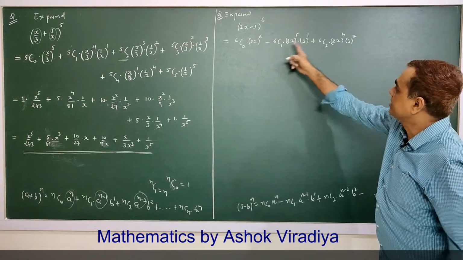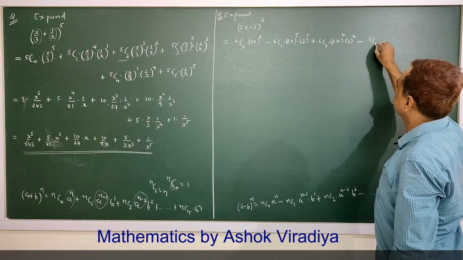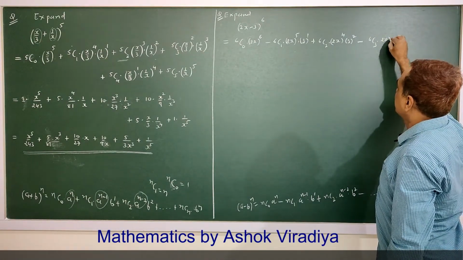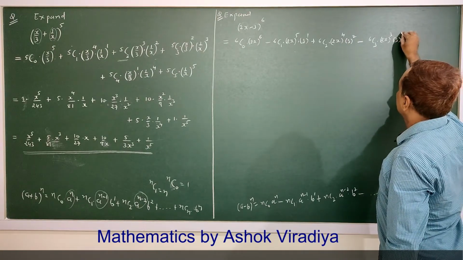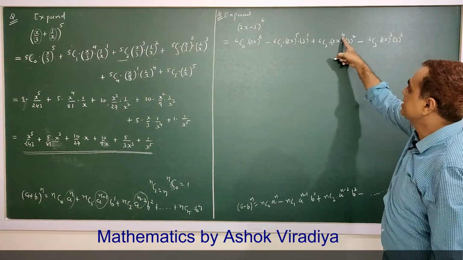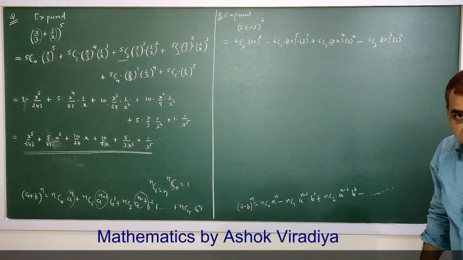So plus minus plus, now minus 6c3 2x raised to 3, 3 raised to 3. A is decreasing, b is increasing. Power is decreasing, increasing.